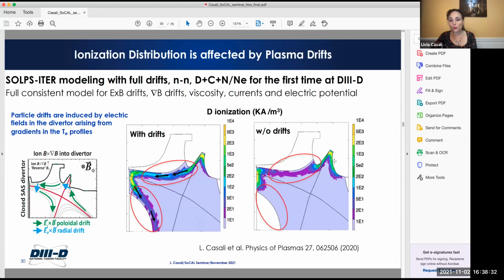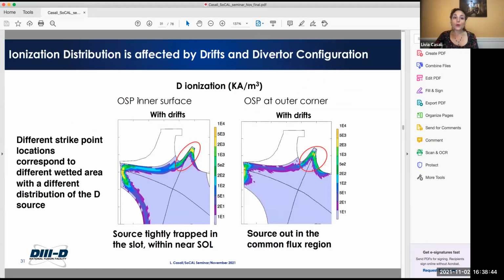Here I'm showing the 2D ionization profile with drift on the left and without drift on the right, so that we can see the effect of the drift in moving these particles. However, the ionization distribution is not only affected by drift, but also by divertor configuration. In this case, the 2D ionization profile is with drift included, on the left for the strike point at the inner surface, and on the right for the strike point at the outer corner.